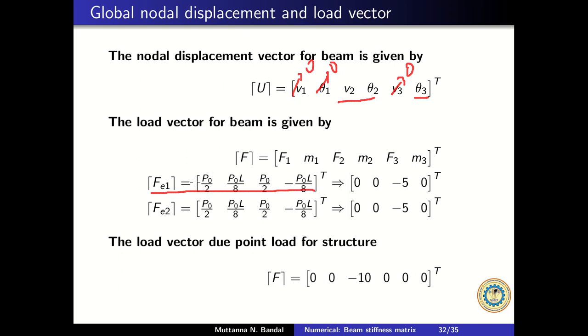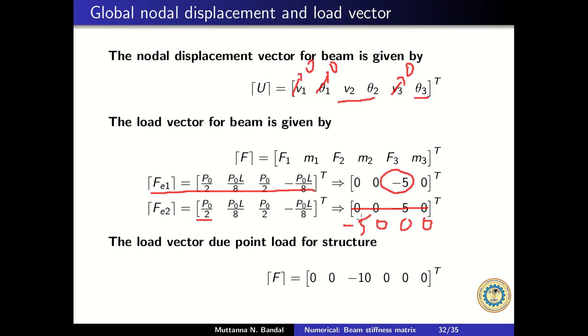There is no concentrated load at node 1, so it becomes 0, 0, but here it becomes P naught by 2, because at node 2 there is a 10 kilonewton load, so that is 5, and it will be minus 5.